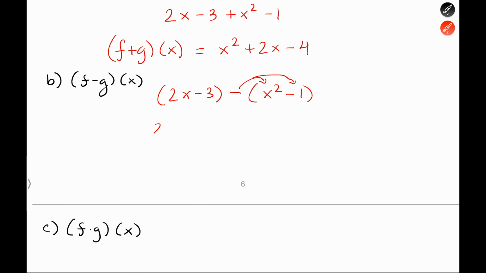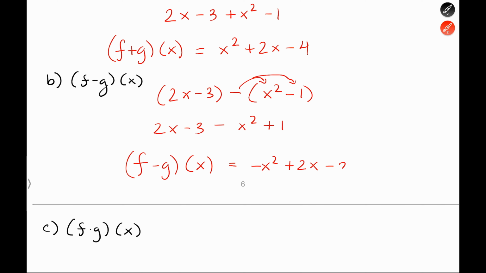So we'll have 2x minus 3 minus x squared plus 1. So now our final answer for f minus g of x is equal to negative x squared plus 2x minus 2.